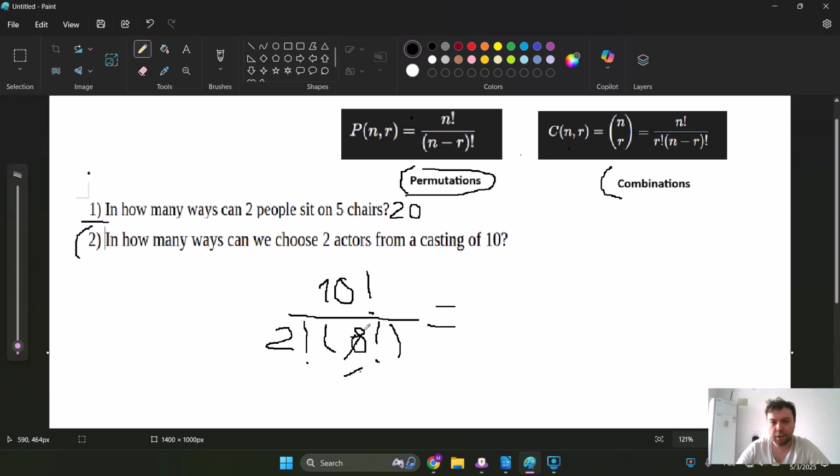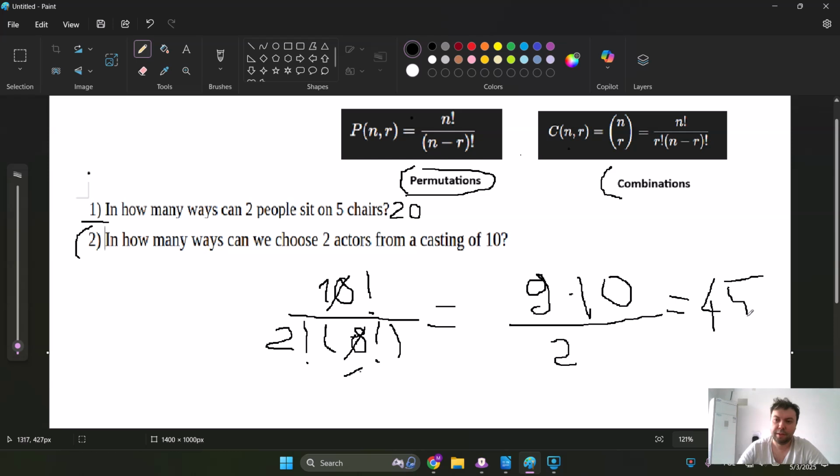So if you cancel out 8 factorial with 10 factorial, what will be left? 9 times 10 divided by 2, because 2 factorial is 2, 1 times 2. So 9 times 10 is 90, divided by 2 is 45. So we can choose 2 actors from 10 in 45 ways.